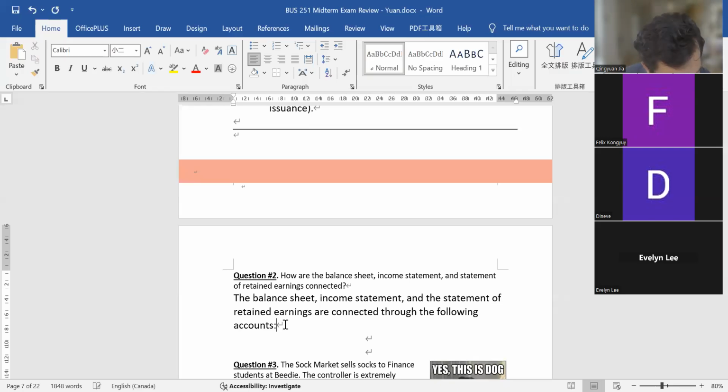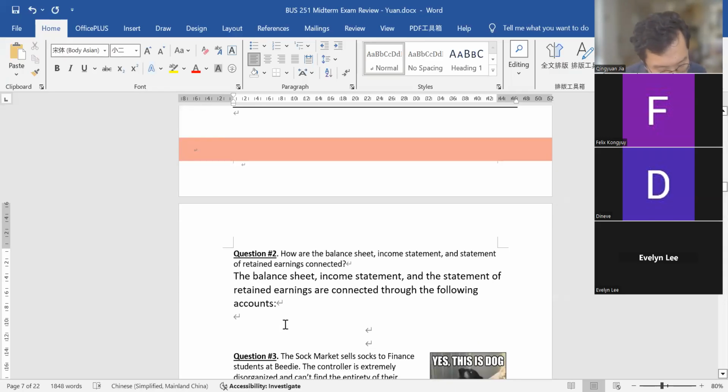So the balance sheet, income statement, and the statement of retained earnings are connected through the following accounts.